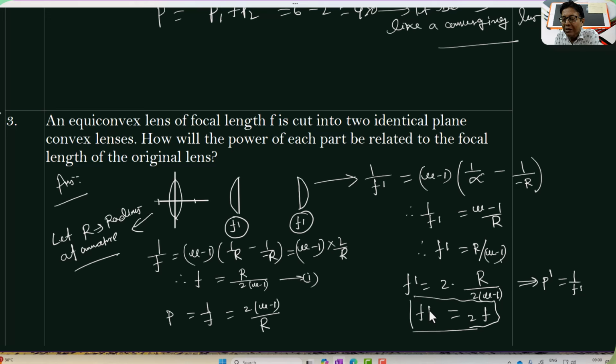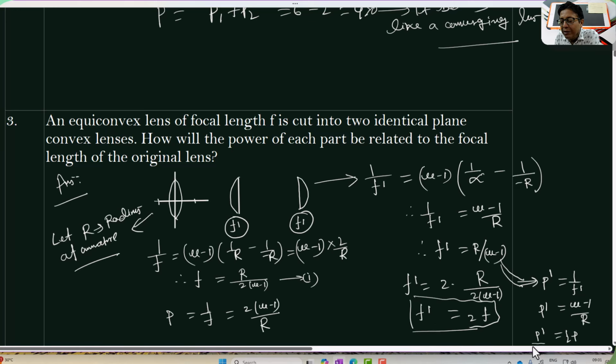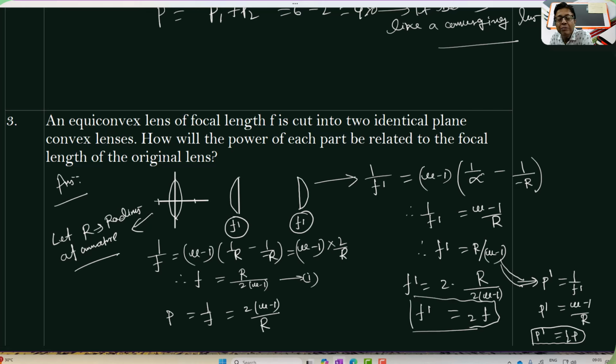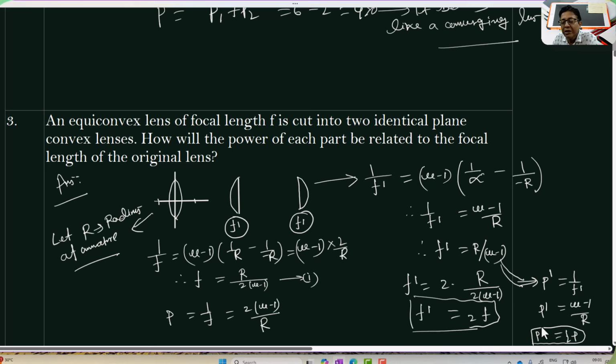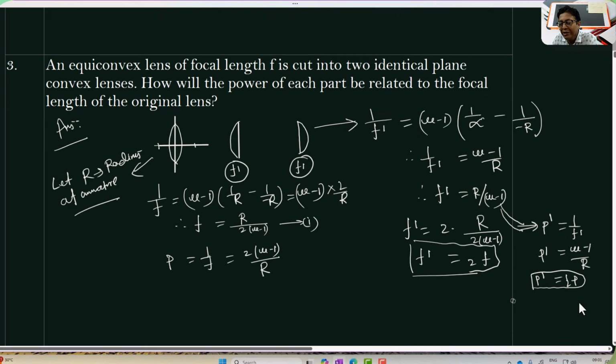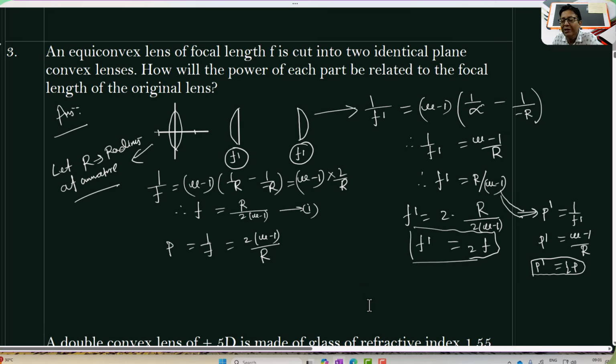This is nothing but for this one. 1 by f dash is mu minus 1 by r, P dash. So this one is half of P. See, focal length becomes double, but power becomes half. Why? Because the power and focal length are inversely related. Okay? So P dash becomes half P, whereas focal length will be equal to 2f.